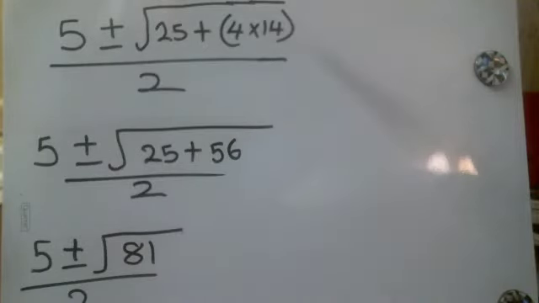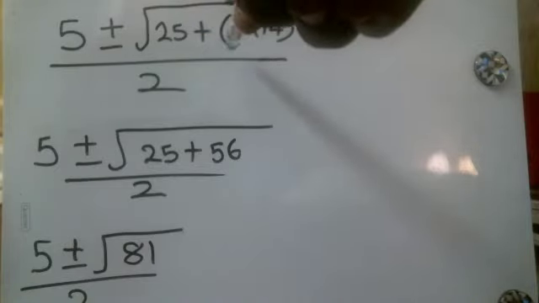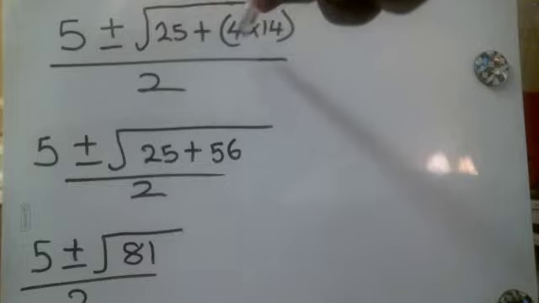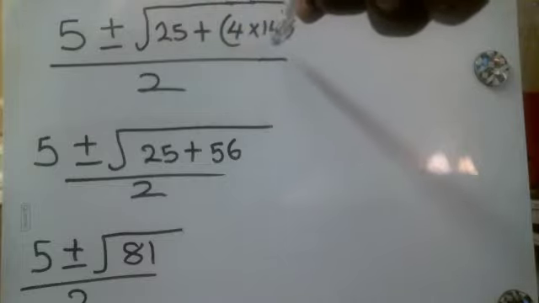Earlier on, if you remember, we had minus 4 times minus 14. So I have tidied it up. Anywhere you see minus times minus, always know that minus times minus is equal to plus. So I got rid of the minuses. Therefore, I simplified it to plus 4 times 14.